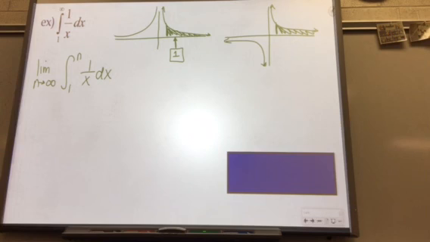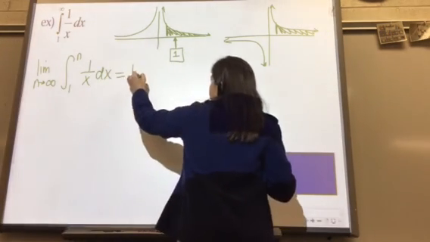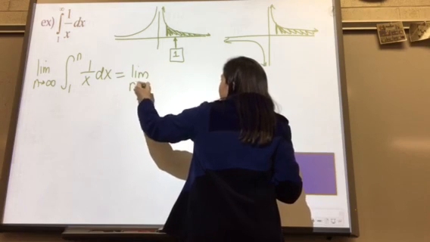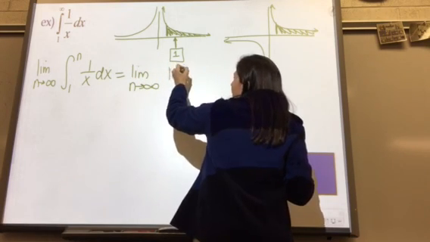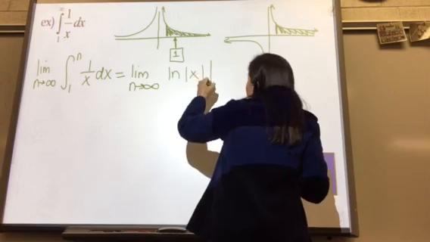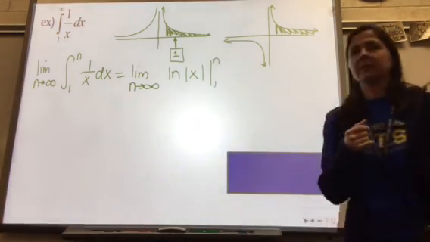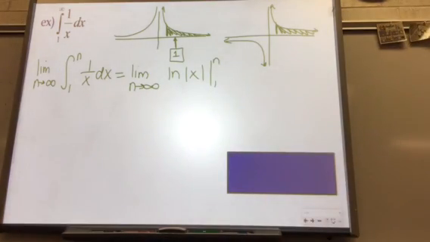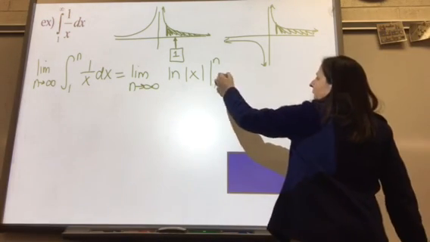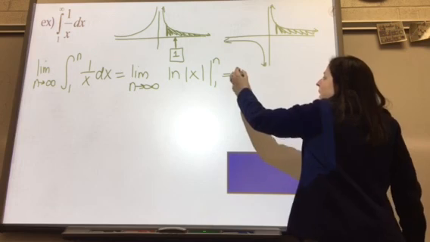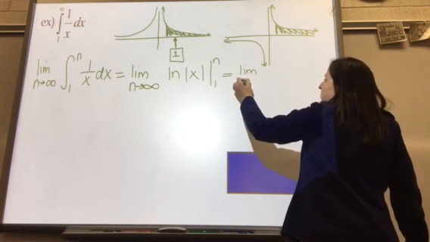So Miss Brianna, what's the integral of 1 over x? ln of x. And right now, we start to see this is not looking good. This is not looking promising. Because now I got to do my FTC, right? I got to take the limit as n approaches infinity.